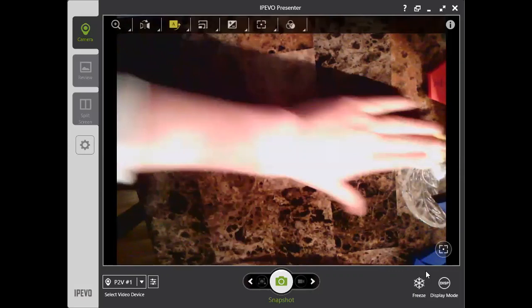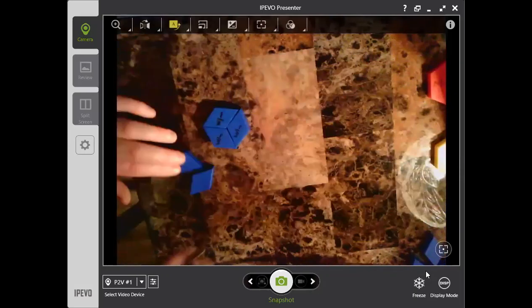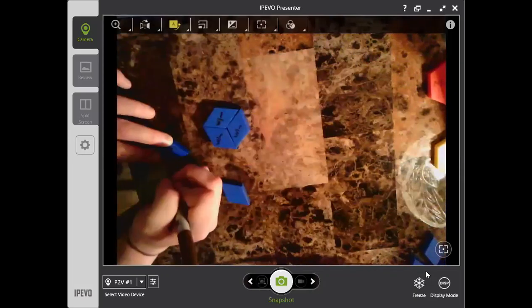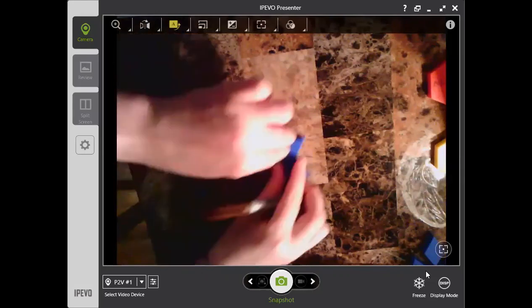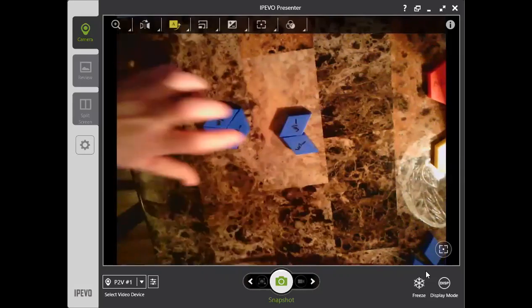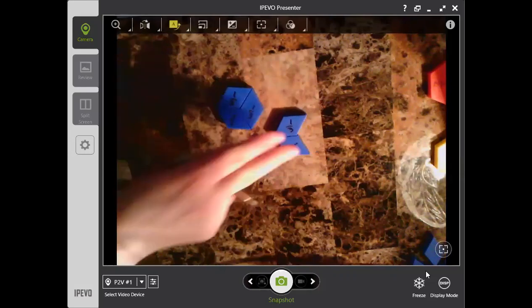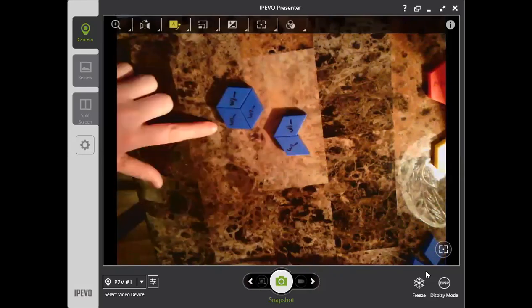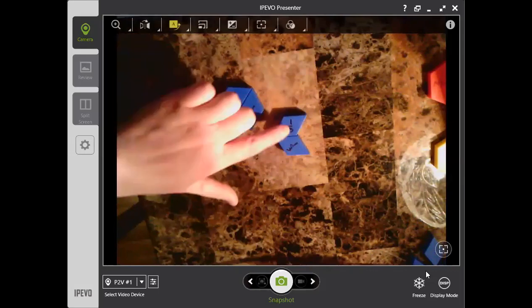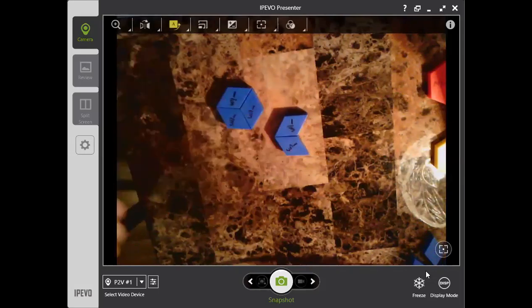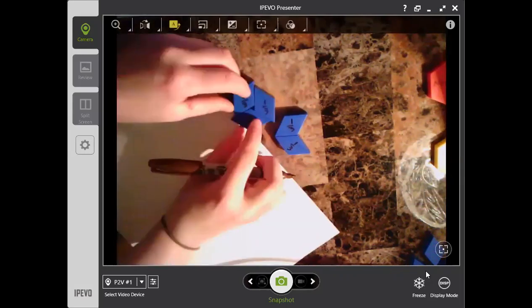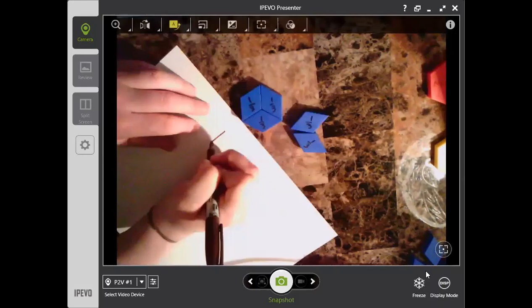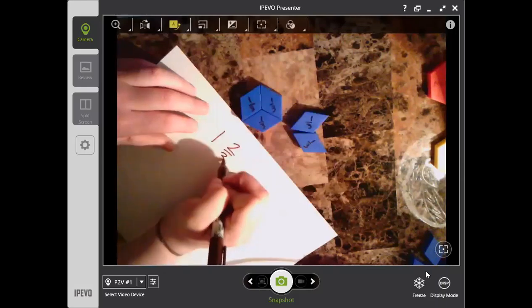If I go and build, let's see, okay, so now I still have that 1 whole, but I've added 2 more pieces. So I see I have 1/3, and then I have 2/3 over here. So I could write that as 1 whole and 2/3.